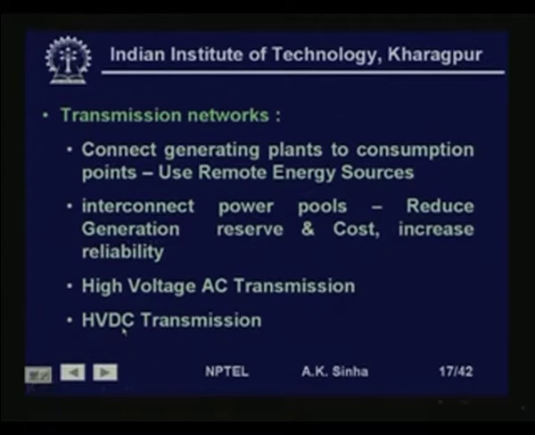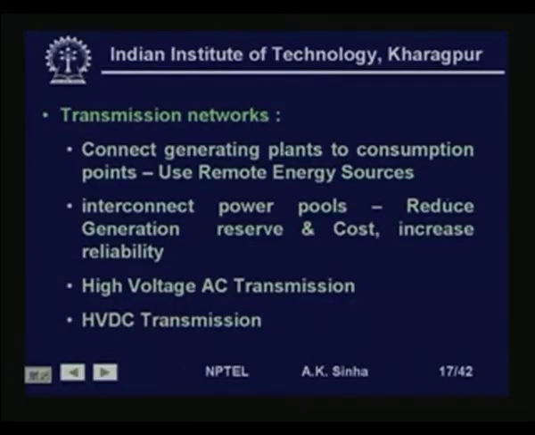One of the major advantages is that you have complete control of the power flow on the HVDC transmission system, whereas in an AC transmission system the power control is not so simple. Of course, nowadays we have other kinds of devices using power electronic devices which we call FACTS devices, flexible AC transmission system devices, which are used to control power on AC transmission systems as well.